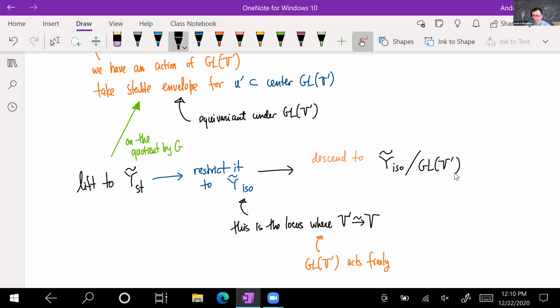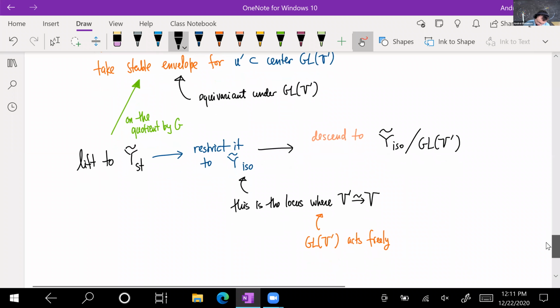So what we did is we had a quotient by one group and the action of the other, and we traded it for the quotient by the other group and the action of the one. But since we're on the locus where the two spaces are isomorphic, somehow very little is happening here. The axes in the auxiliary space start out as framing variables, but then they end up being an element in the group we want. Because we fix an isomorphism, the action of the two groups becomes the same.